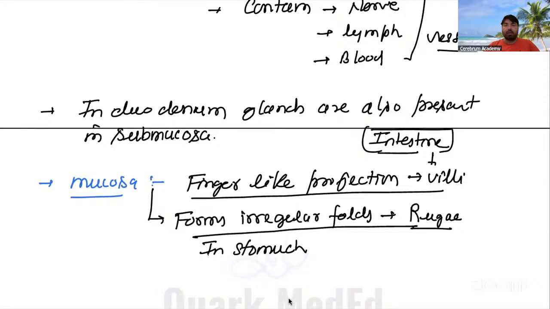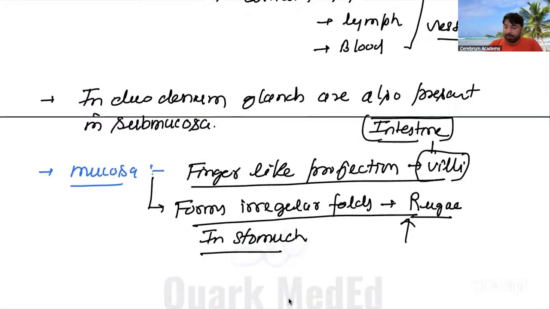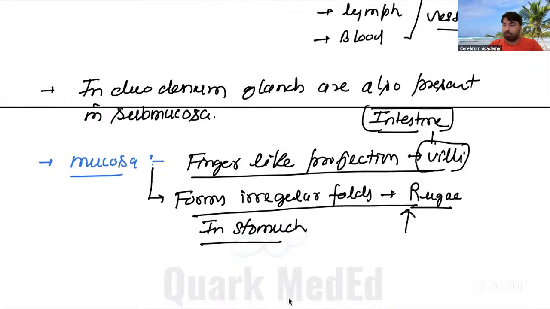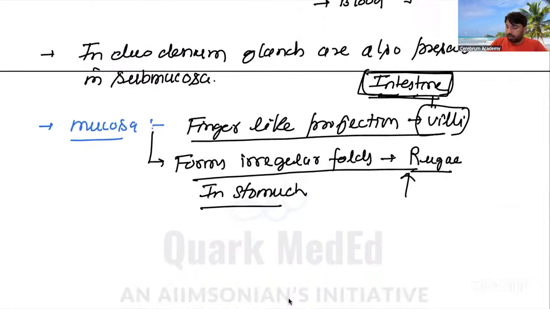So the mucosal layer has different modifications. These rugae help in churning of the food, and in the small intestine, these villi help in absorption of the food. Next point.